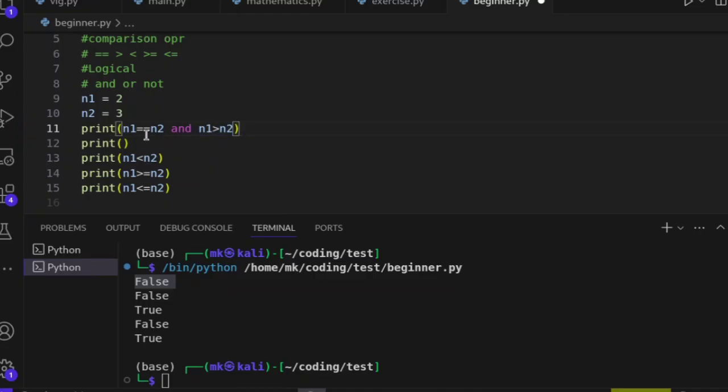But if this one is true and this one is also true, then the answer is going to be true, because and only gives us true if both of them are true.